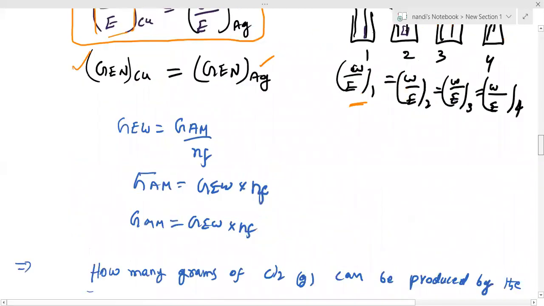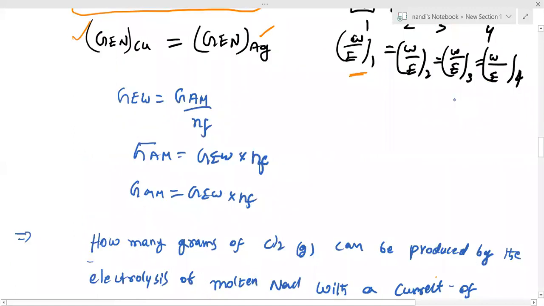So gram equivalent weight is equal to gram atomic mass by n factor. This is for atoms. Next, gram atomic mass is equal to gram equivalent weight into n factor. We can just discuss for atoms. And for molecules, gram molecular mass is equal to gram equivalent weight into n factor.